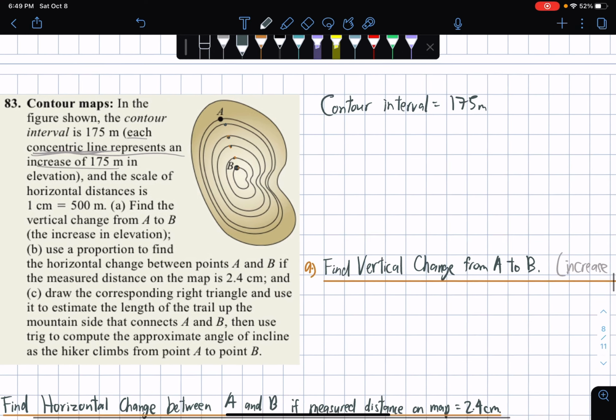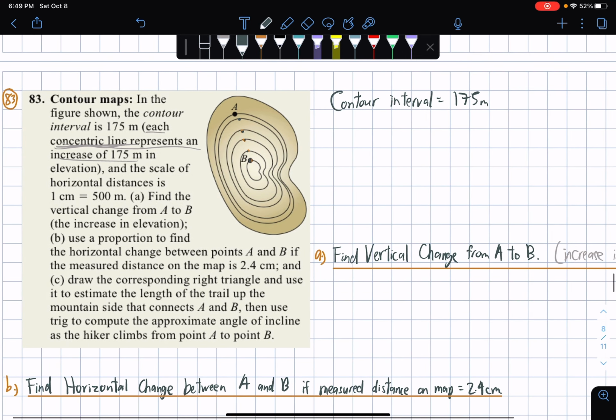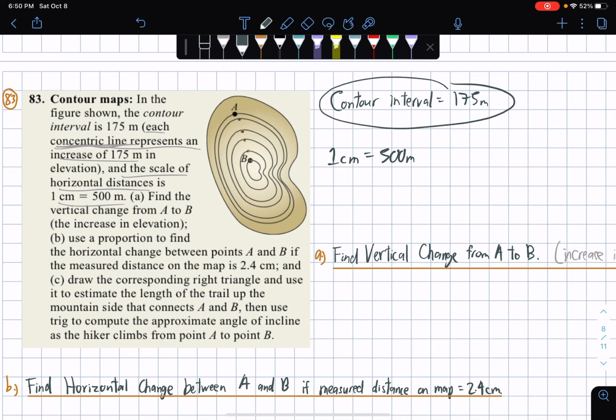You have 5 lines in terms of vertical change. Anyways, I wouldn't want to confuse you immediately. The scale of horizontal distances is that 1 centimeter is equal to 500 meters. So earlier, the contour interval, I suppose, would refer to the vertical change, or VC, and this proportion will refer to the horizontal change.